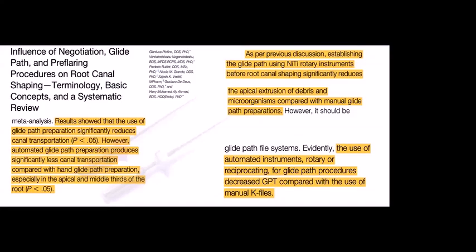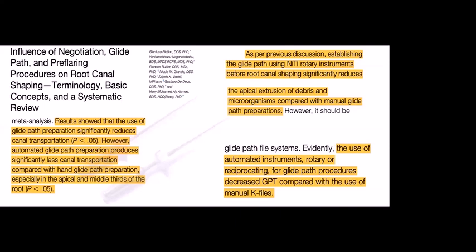What is the advantage of using rotary glide path instead of using manual glide path? First, the time that we have to spend to perform the glide path is much lower if we use rotary glide path. But we have more advantages. The extrusion of debris provoked during the instrumentation is lower if we use rotary path files.